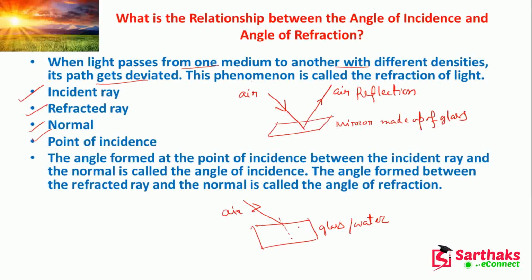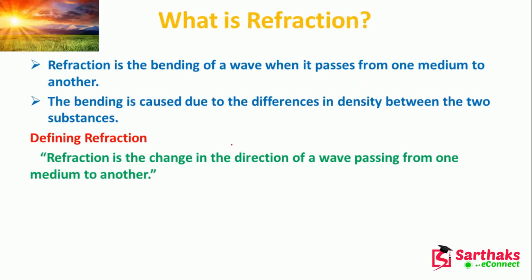The angle formed at the point of incidence between the incident ray and the normal is called the angle of incidence, and the angle formed between the refracted ray and the normal is called the angle of refraction. So what is refraction? First we have to know that.